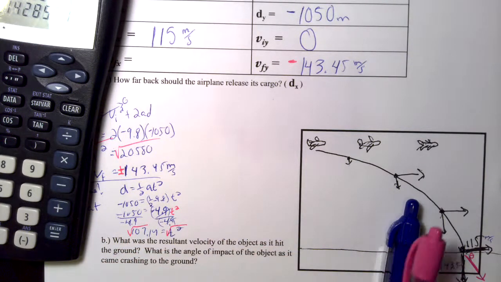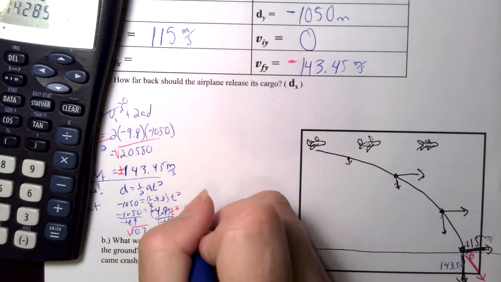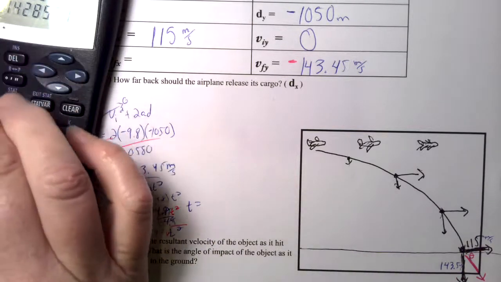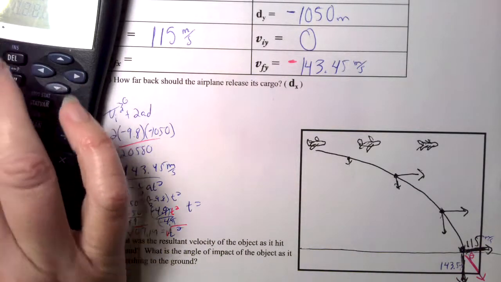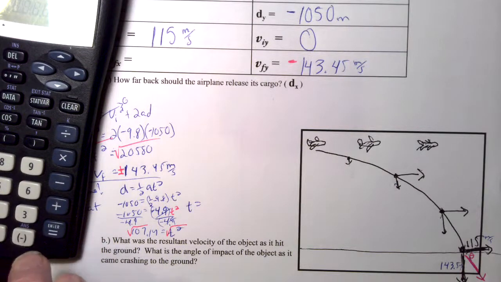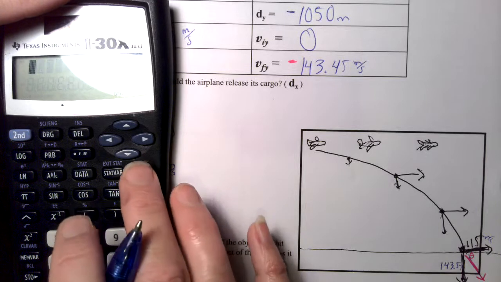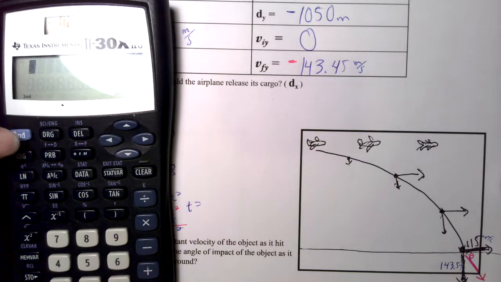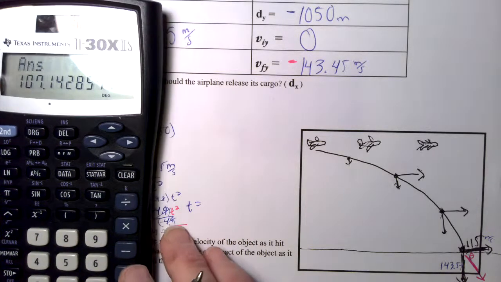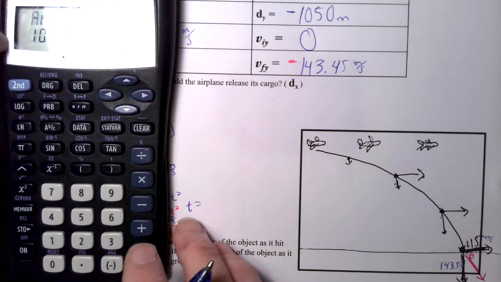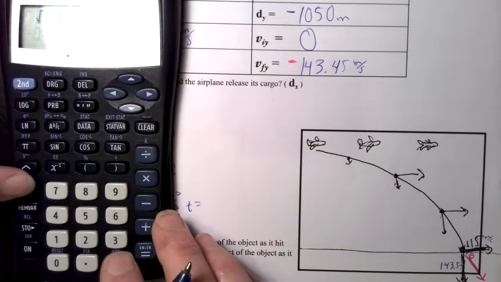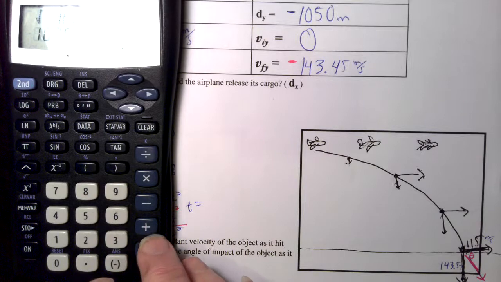Oh, much longer this way. I gotta do it, but whatever. T equals square root of the previous answer. Darn it. What is the answer? Good, that's the number still in there. I just checked. Now I hit second, square root, second answer.